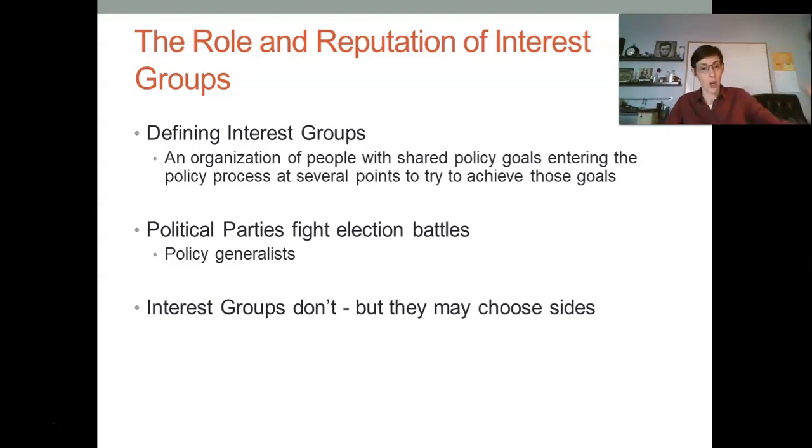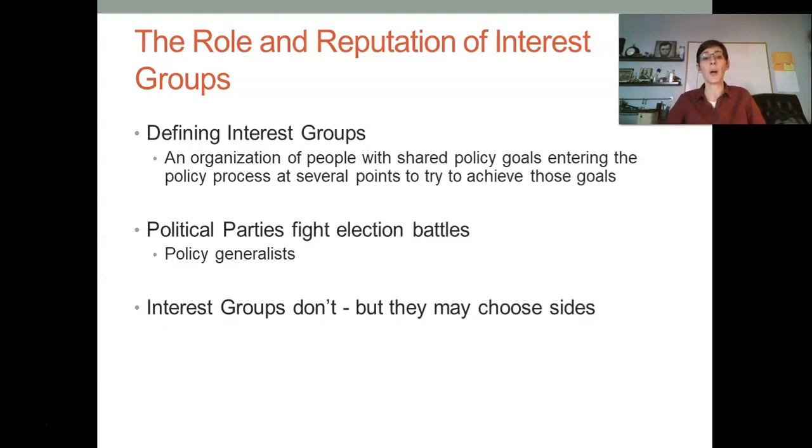Interest groups do not fight election battles directly. They can't, technically. But they choose sides and they can massively influence how an election turns out based on the type of ads and the type of messaging they engage in. So if you've got an interest group that is pro access to abortion, that interest group is going to run ads that are, in effect, going to benefit the candidates that are also pro-choice.